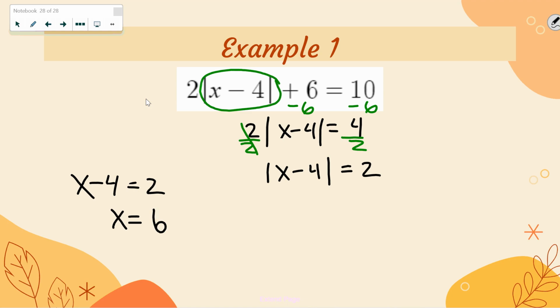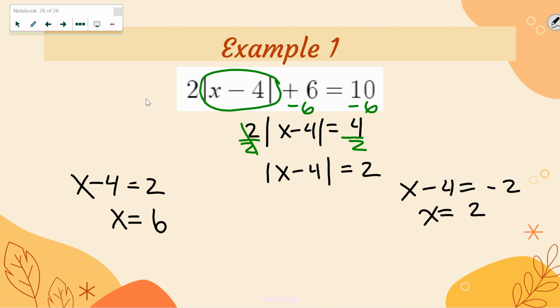Now let's solve my second equation. It would look like x minus 4, but what could x minus 4 also be equal to? Negative 2, because if I take the absolute value of it and it's negative 2, it'll turn it positive 2. And when I have x minus 4 equals negative 2, x equals 2.